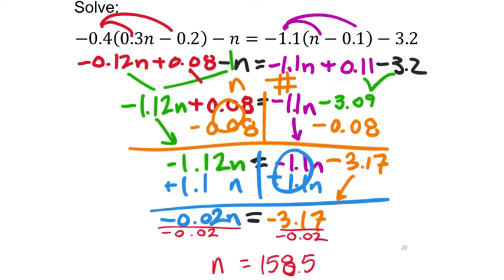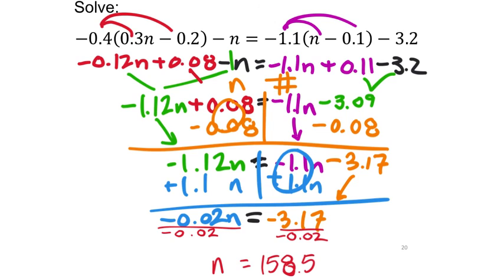So now I'm going to type in the original left side of the equation. Negative 0.4, open parentheses, 0.3, not n but x now, minus 0.2, close parentheses, minus x. I push enter, I get negative 177.44. That's on the left side. Let's try the right side. When I do this on the right side, though, I should get the same value.